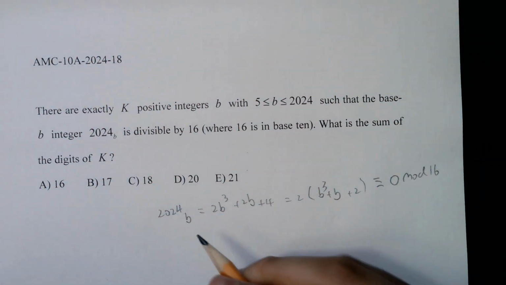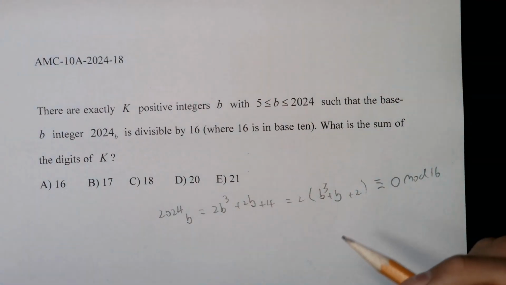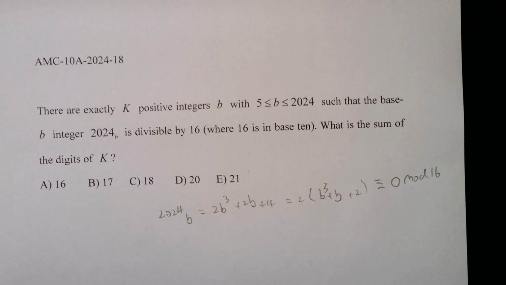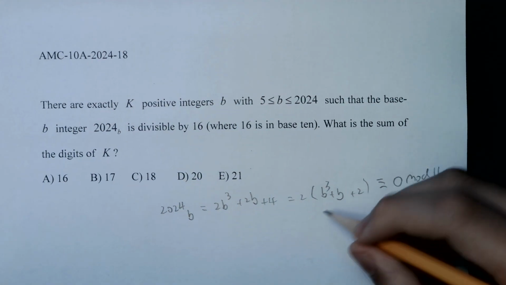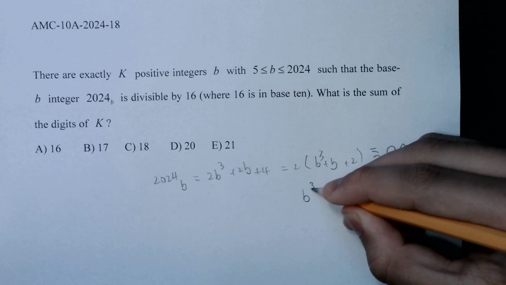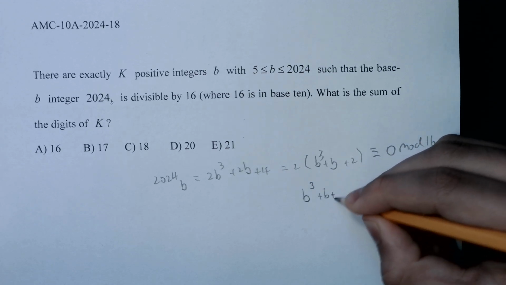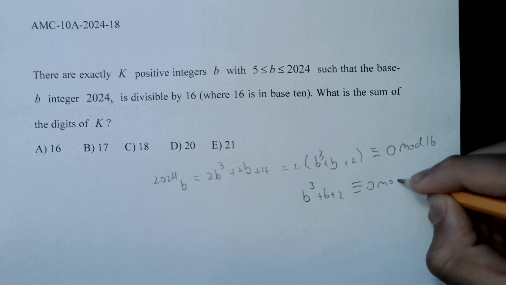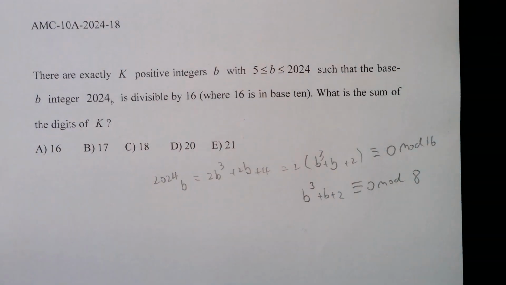So in other words, we just converted 2024 in base b into terms of b and other integers in base 10. Now we can remove the 2 on both sides to get that b to the power 3 plus b plus 2 is equal to 0 modulo 8, or in other words, a multiple of 8.